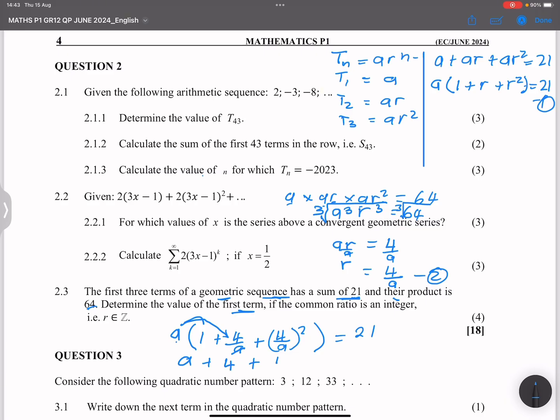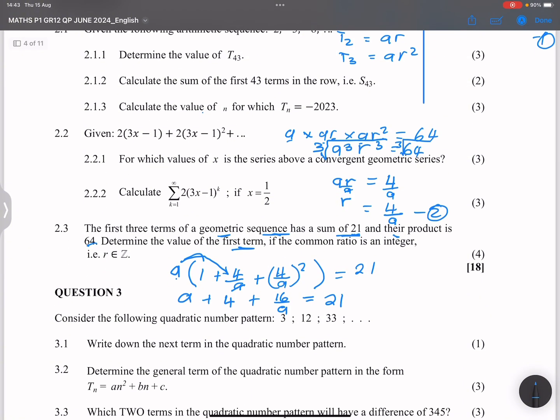And here I've got 16 over a squared. If I multiply that by a, that a will cancel out one of the a's, so I'll be left with 16 over a, and this will be equal to 21. So what I'm going to do is multiply everything by a so that I get rid of the a in the denominator. That will give me a squared on the left hand side. But remember, what I do on the left, I do on the right.